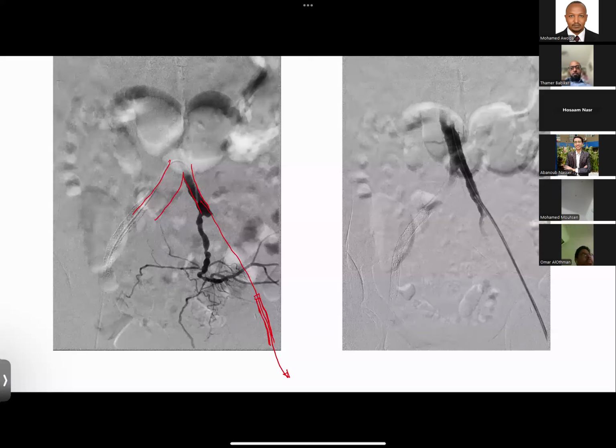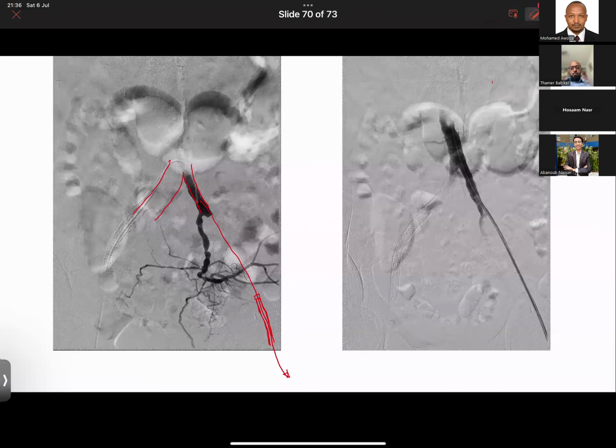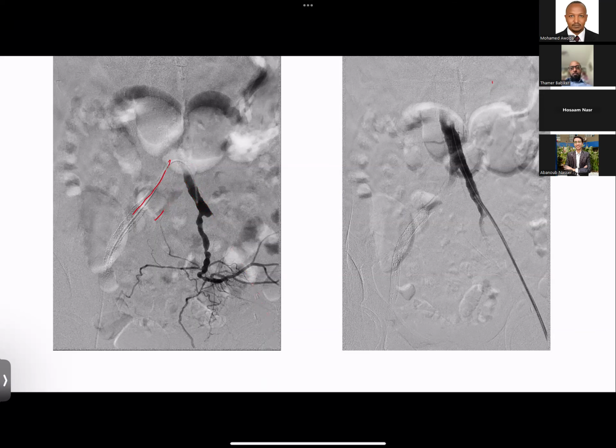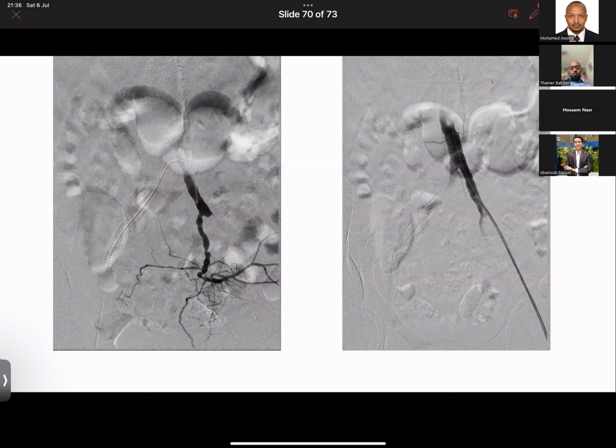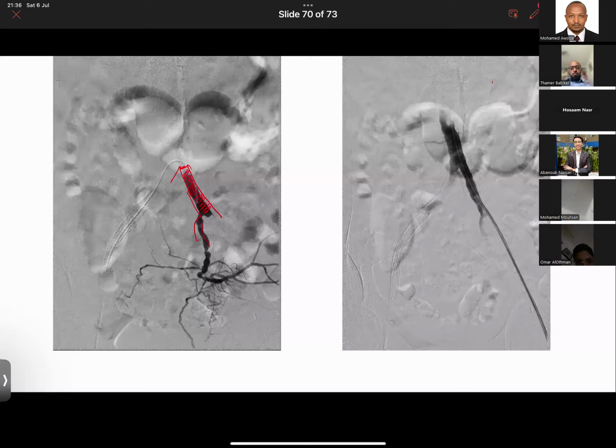We used to come a lot from the top, particularly if the occlusion is, let me just delete this. What happens is that if the occlusion is flush at the bifurcation, sometimes it's extremely difficult to get up and over and engage your catheter here and cross this lesion, and you have to come from the top.